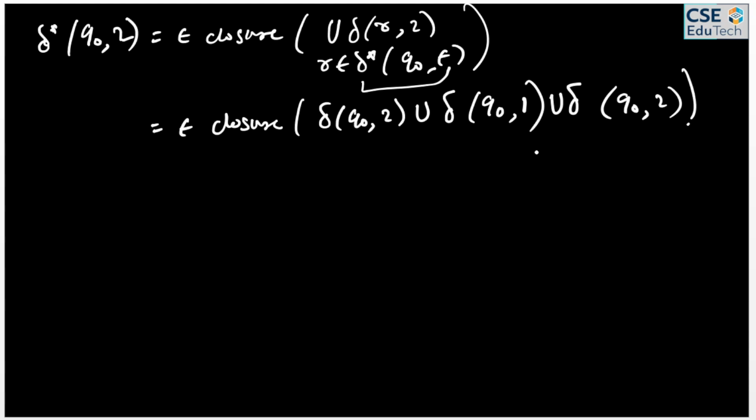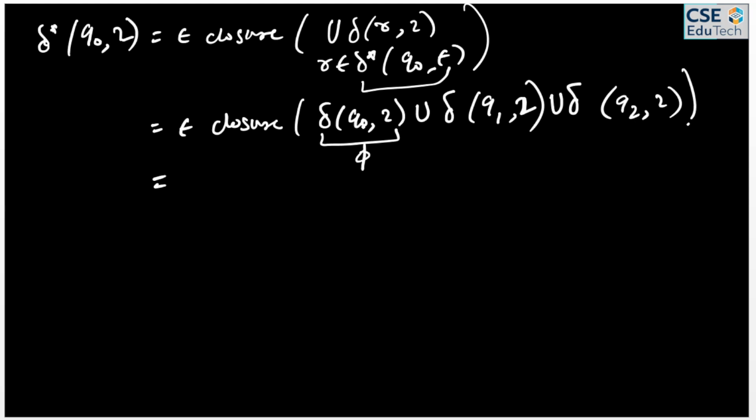Now Q naught 2 is basically empty. Oh, sorry, I've done it wrong. It will be Q1 for Q naught, it will be Q2.